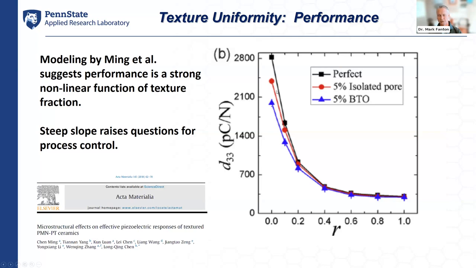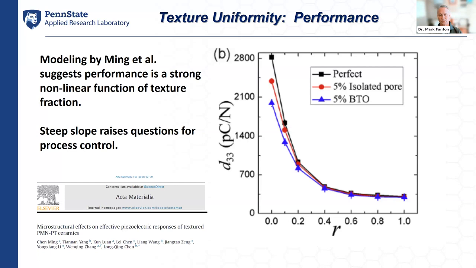And the steepness of this curve suggests that perhaps process control could be a bit of an issue here. If you can't repeatably achieve the texture fraction you're after, you may find yourself processing material with quite a degree of variability, which is obviously not desirable from a manufacturing point of view.